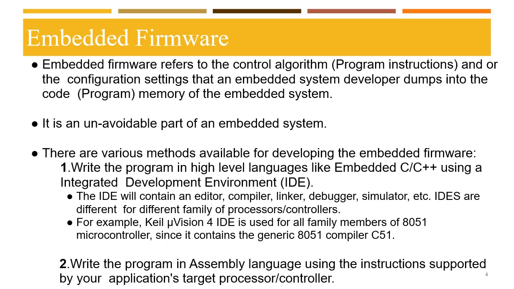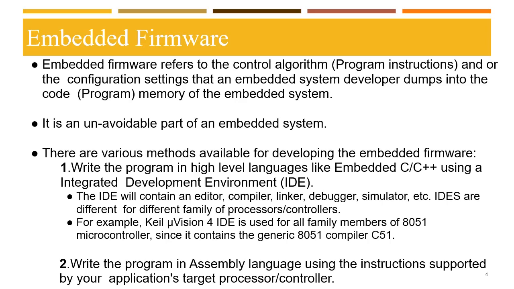When you are writing a program in high level languages like embedded C and C++, we have to use an integrated development environment, that is IDE. This IDE contains an editor, compiler, linker, debugger, simulator, etc.